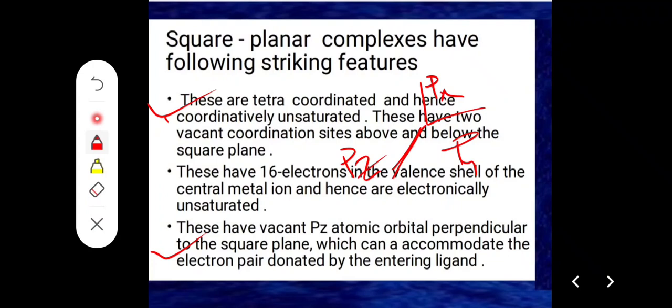As px and py are engaged to perform dsp2 type hybridization, the pz orbital remains there, vacant, perpendicular to the px py plane. So the pz atomic orbital, perpendicular to the square plane, can accommodate the electron pair donated by the entering ligand.